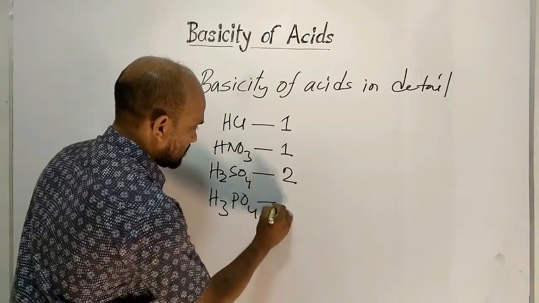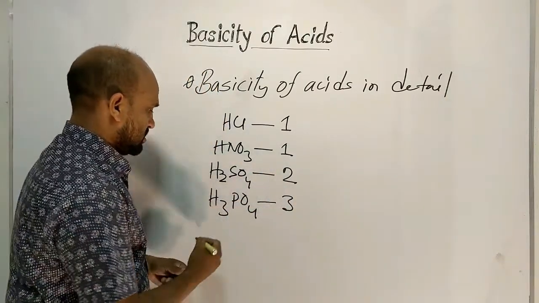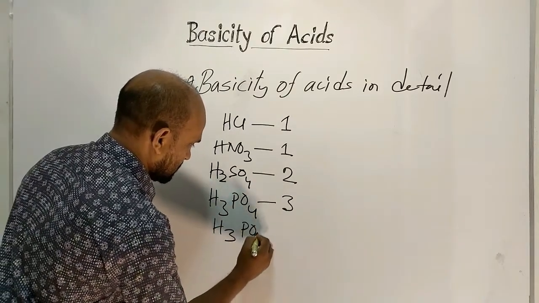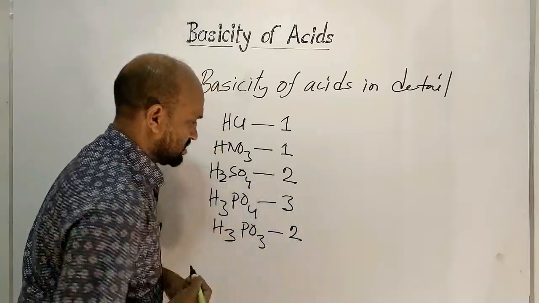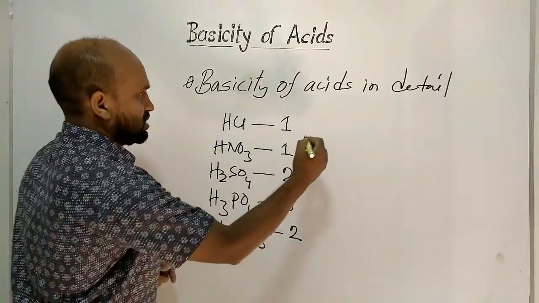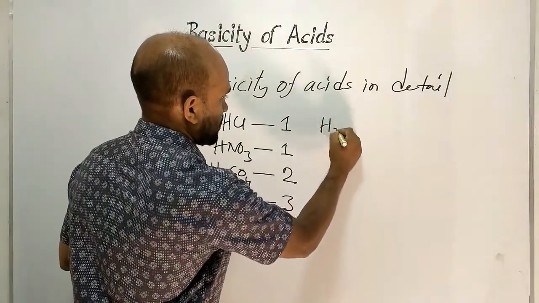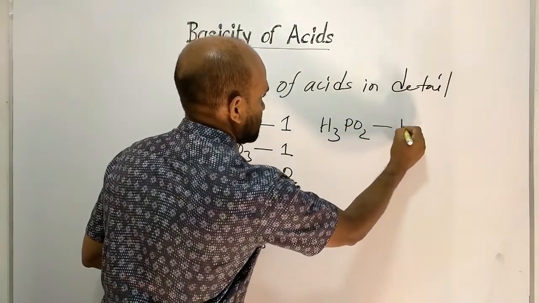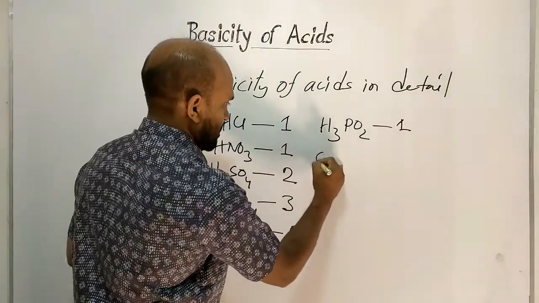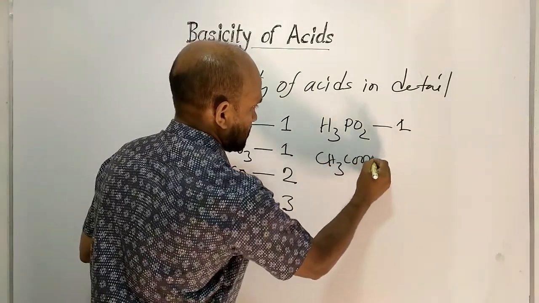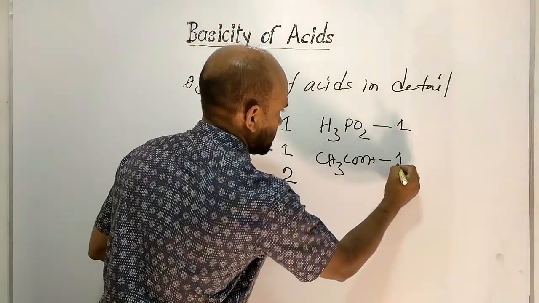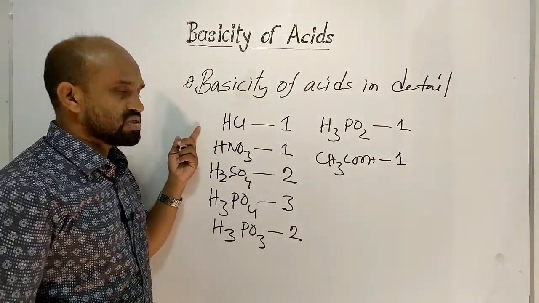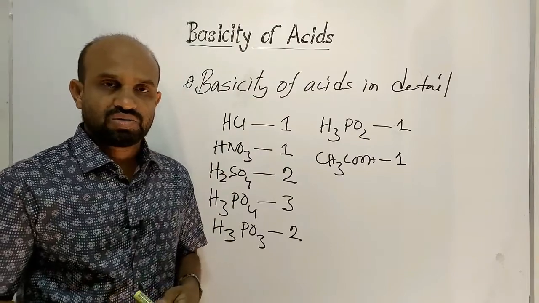Phosphoric acid, basicity is 3. Phosphorus acid, basicity is 2. Then hypophosphorous acid, basicity is 1. And acetic acid, basicity is 1. Now let's see the definition of basicity of a particular acid.